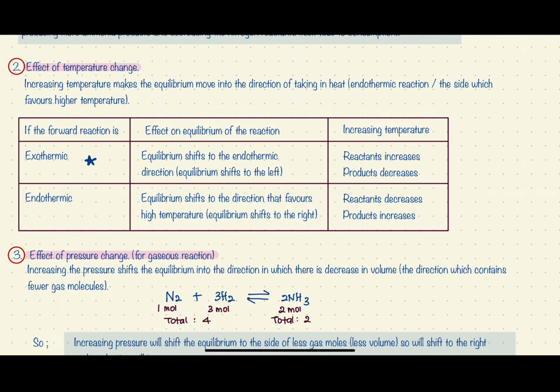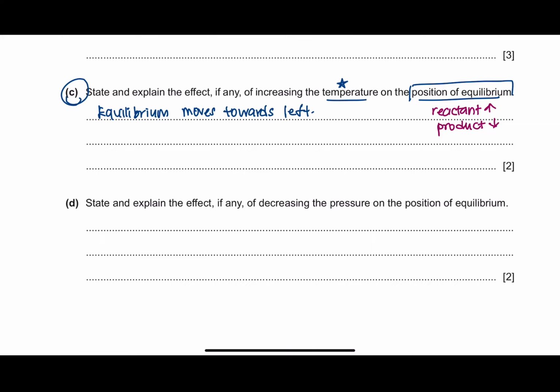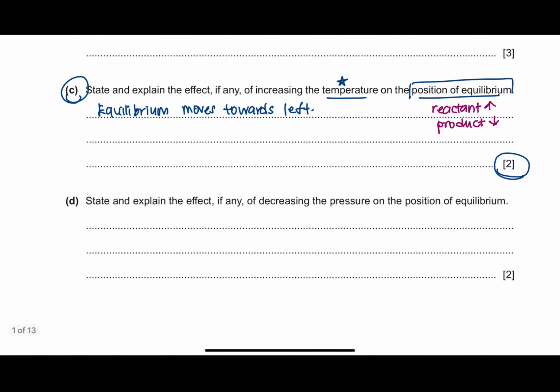If the forward reaction is exothermic and you increase the temperature, our reactants will increase and the products will decrease. So if our reactant is increasing, this means that our equilibrium would shift to the left, causing our yield to decrease. However, this is a 2 marks question, so you also have to give a reason why it moved towards the left.